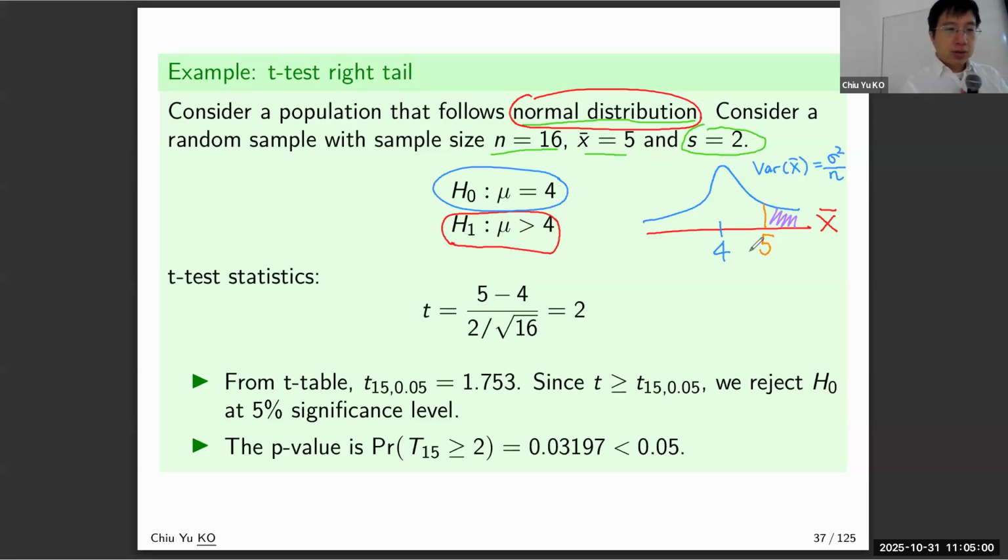It turns out we don't have to worry about this, but instead we transform this to t with n minus 1, which is 15, degrees of freedom.